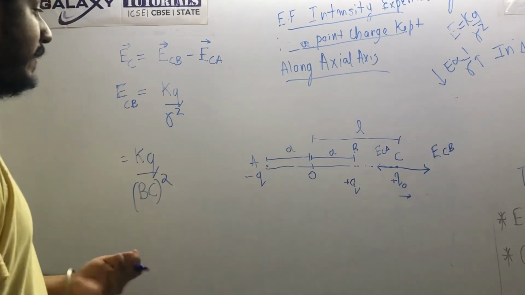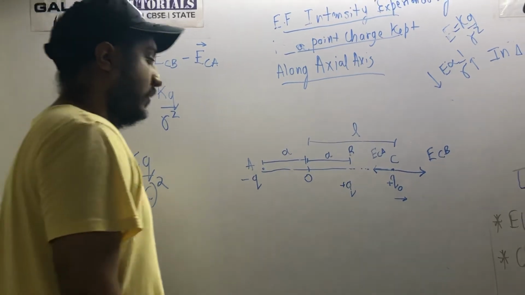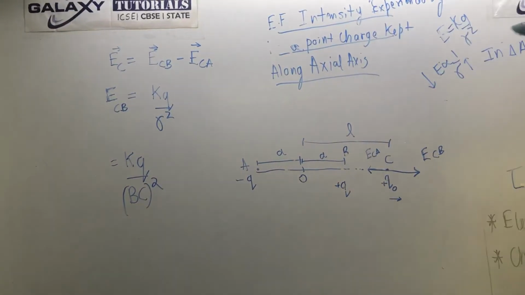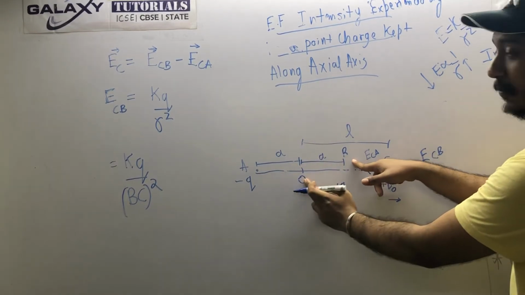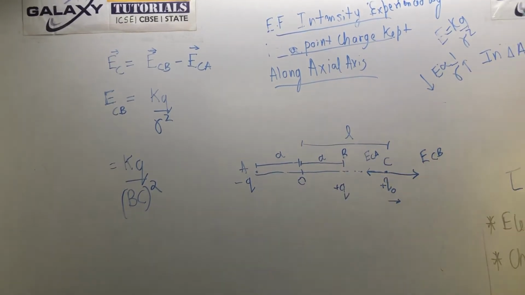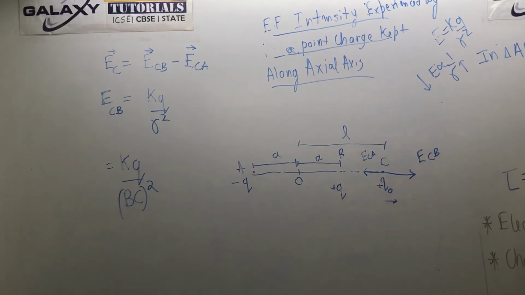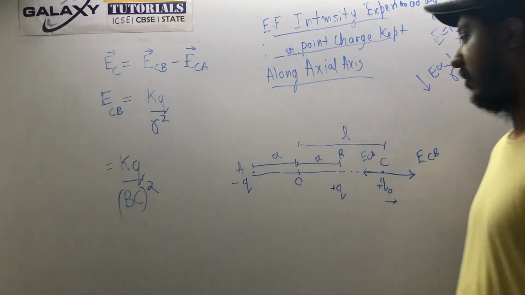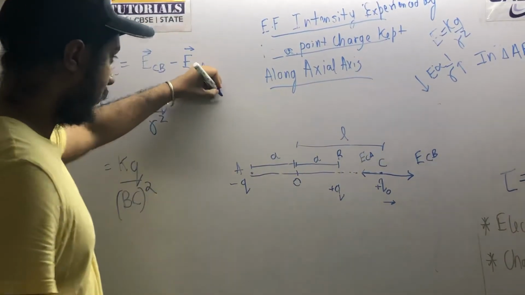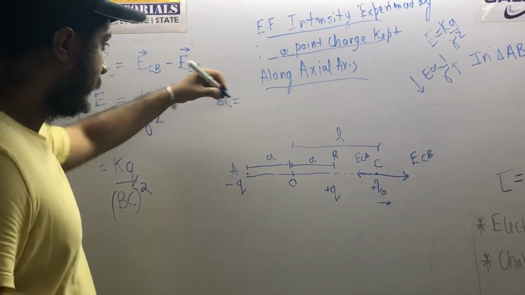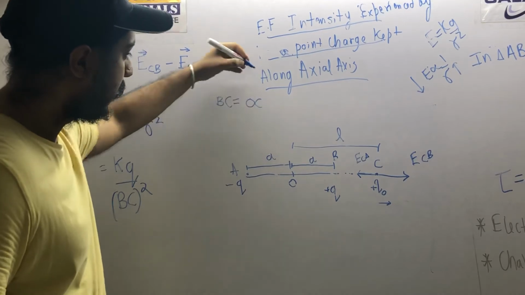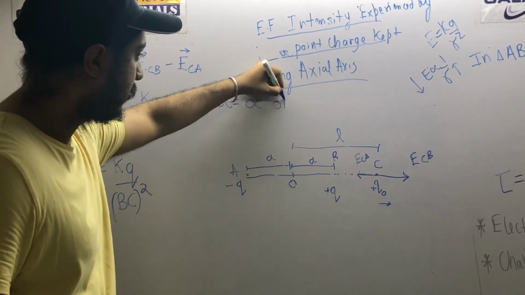Now let us find the value of BC. What is BC? You know this distance OC as L and you know this distance OB as A. So what will be BC? BC will be L minus A. I will write here BC is equal to OC minus OB.